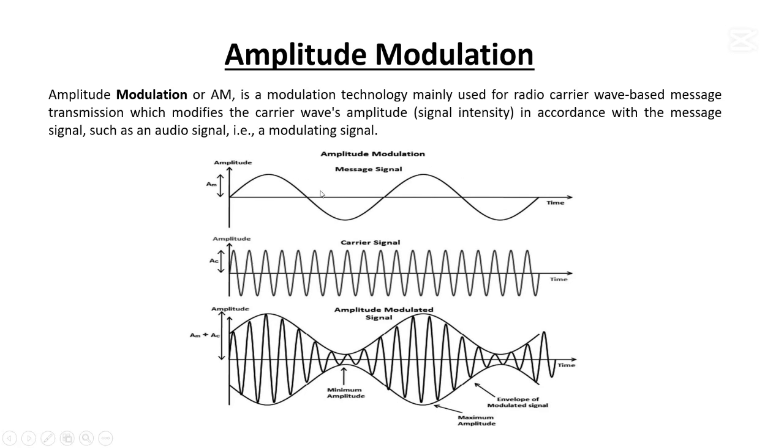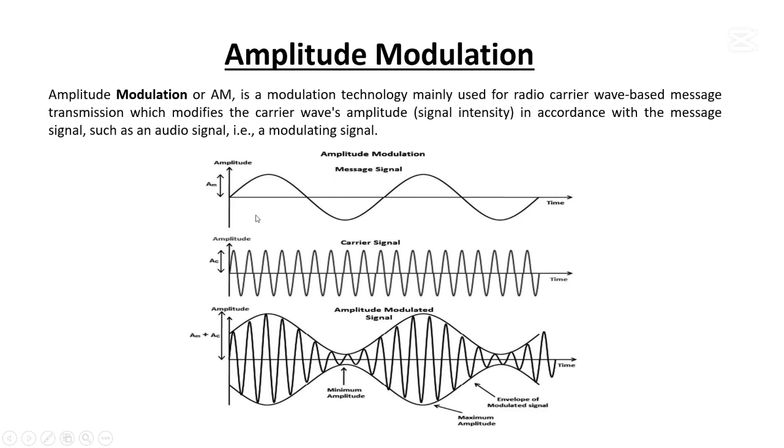So this is our message signal. We mix this message signal with a known, very high frequency signal to get a modulated signal, and this modulated signal will be transferred wirelessly from the transmitter to the receiver.